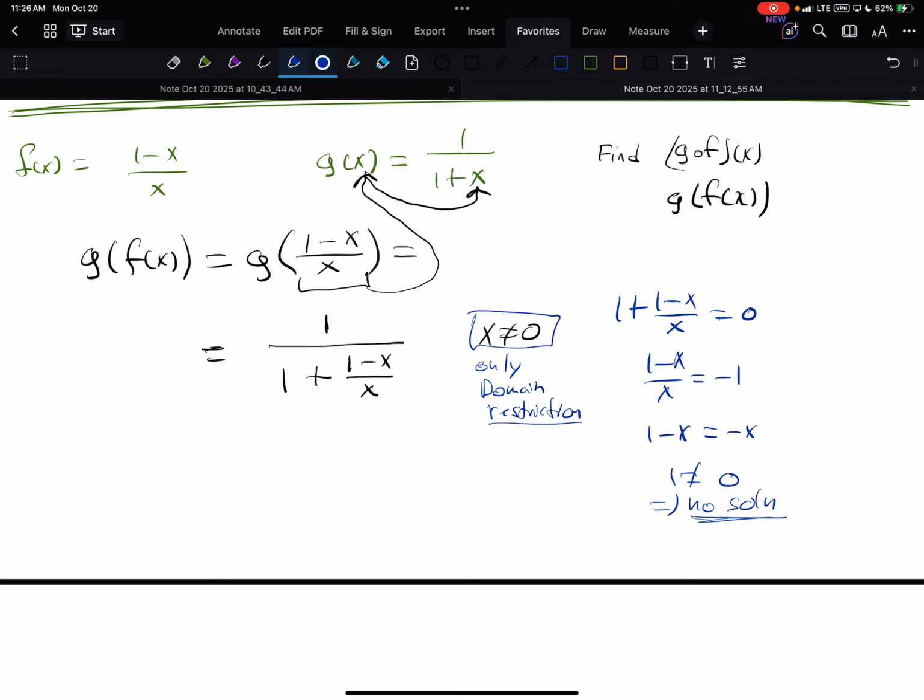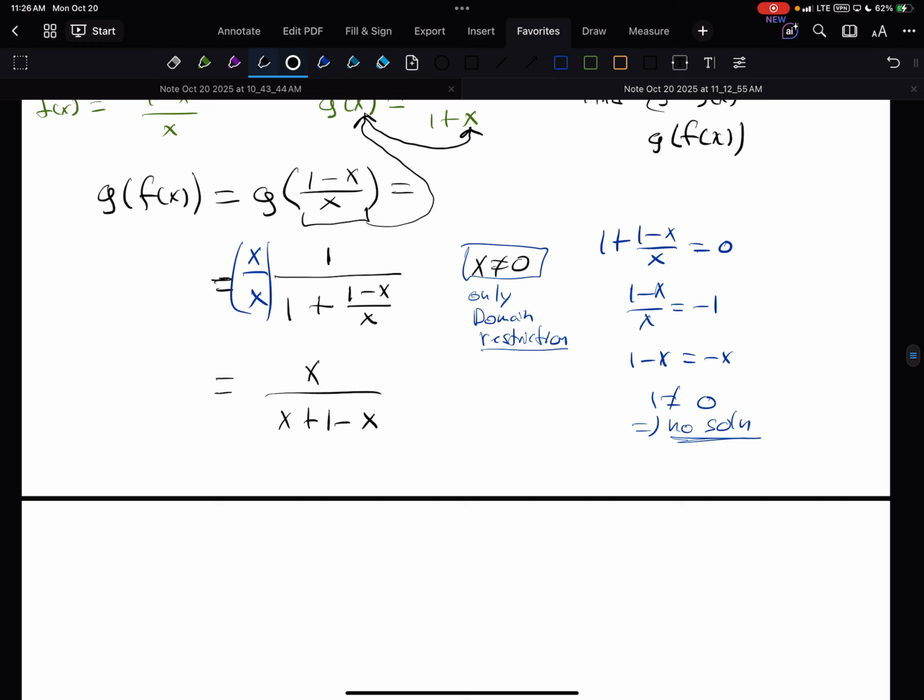Now I need to simplify this thing. Let's take the same approach as last time, and there's only one fraction here, and I want to get rid of it, so I'm going to multiply above and below by x. And so if I multiply by x over x, what am I going to get? I'm going to get x divided by x plus 1 minus x. Well, that's interesting. What then happens here?